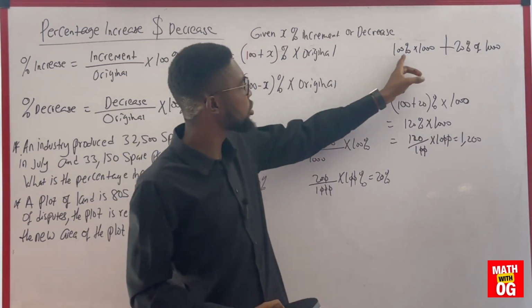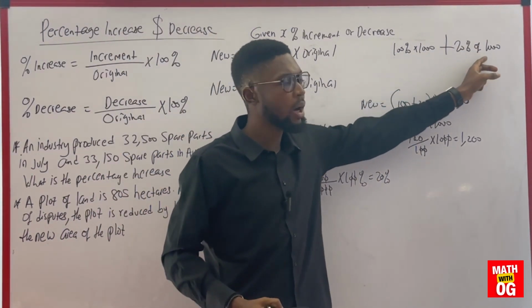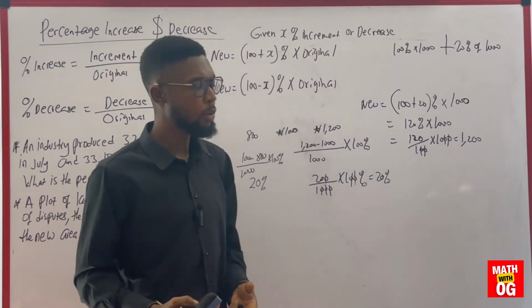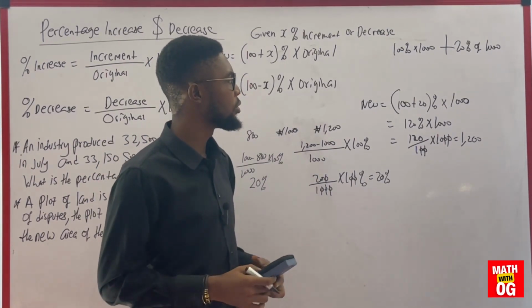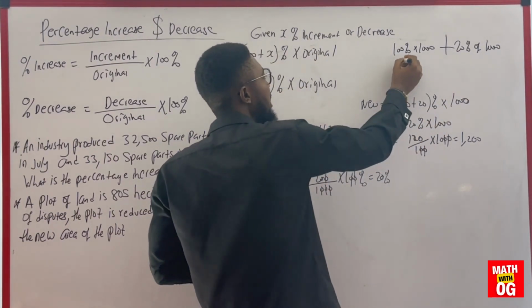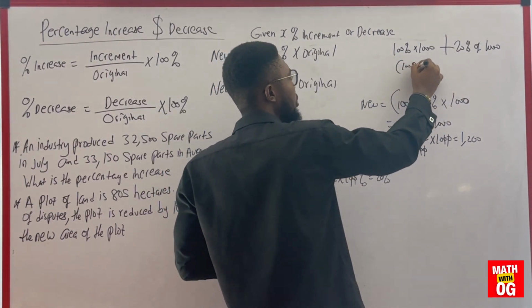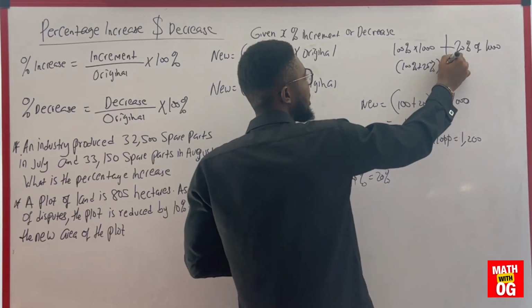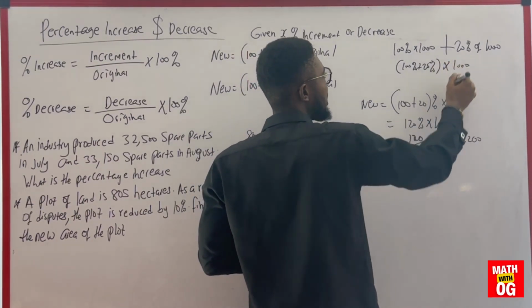So as you can see, 1,000 can be factored out, though we've not got into factorization, but I believe most of you understand that. I'll be left with 100% plus 20% multiplied by 1,000 naira.